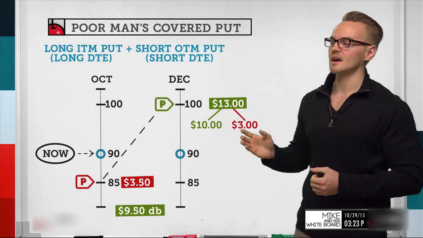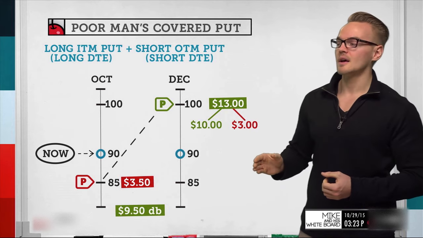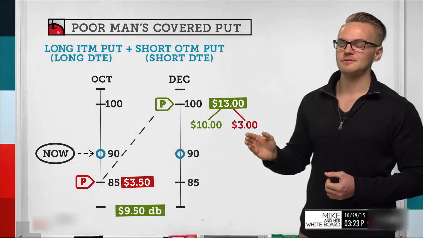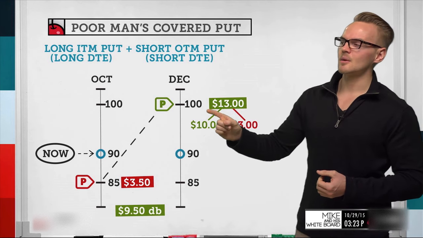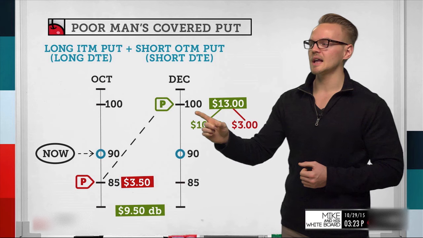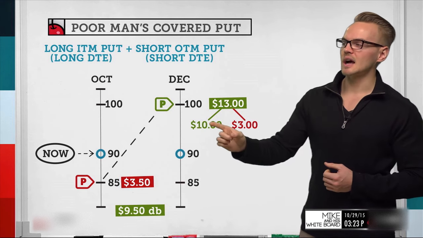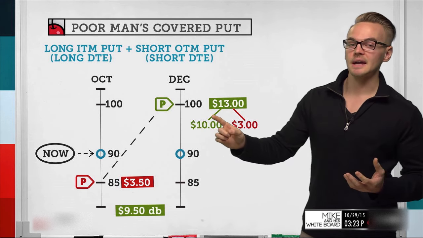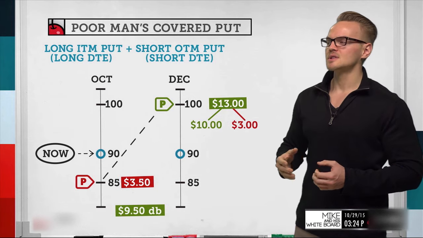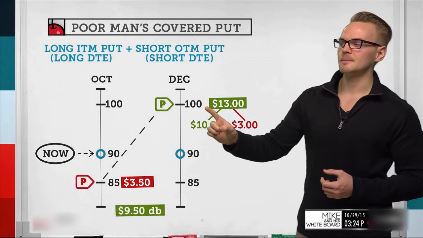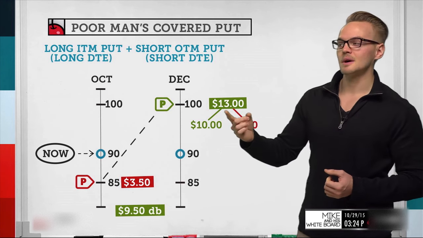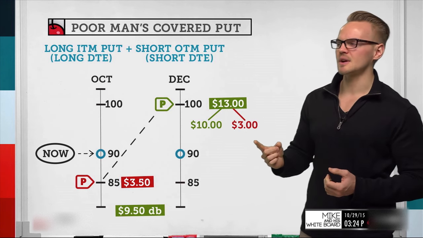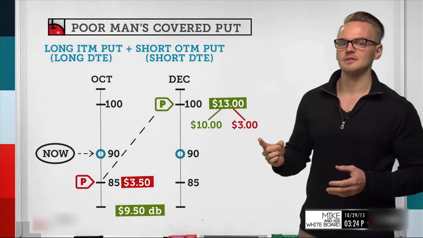Now, I also had an inquiry today on support where we talked about yesterday how to find this number easily. So another thing you can do is take that 100 strike, and if we're looking at a put, what I can do is look on the opposite side, on the call side for December. So generally, if I've got an in-the-money put, if I'm looking at a 100 strike for a call, it's going to be out of the money for the call side, and it should be trading right around that same amount, $3 give or take.